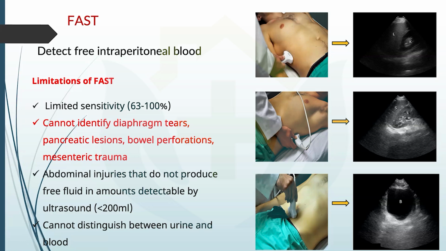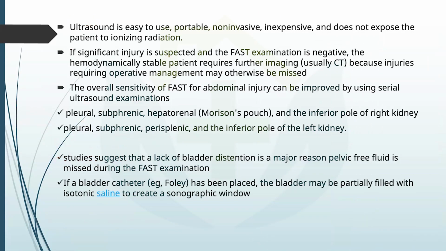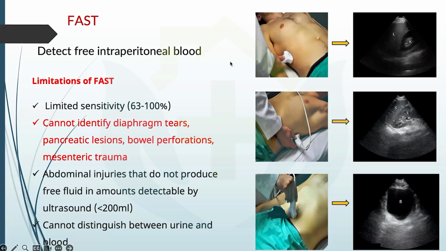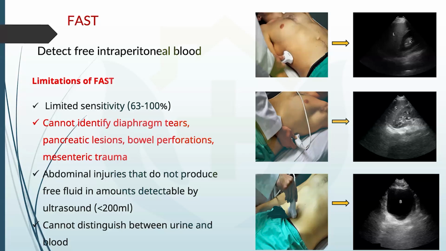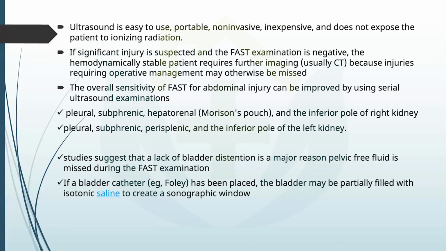So if you have a small amount of fluid or blood, it might not get detected. And in patients with pre-existing ascites, supposedly a known case of CLD with ascites, you will not be able to identify whether it is new onset blood or the old ascites that is masquerading as a FAST positive lesion. And ultrasound is only able to penetrate up to before the retroperitoneum. So if you have a retroperitoneal structure, it is unable to pick it out.